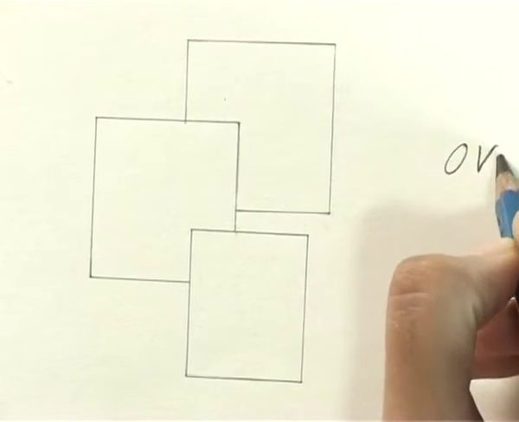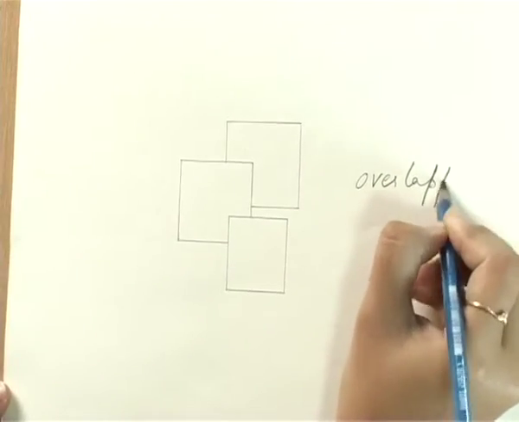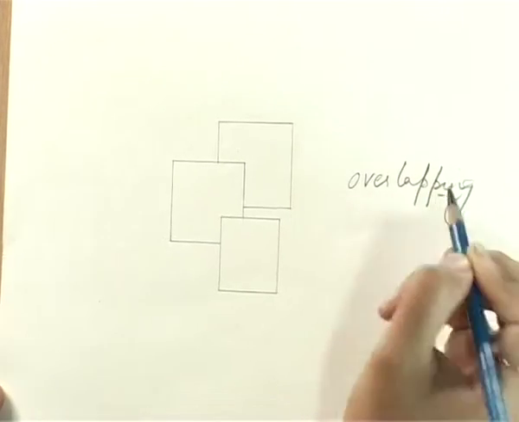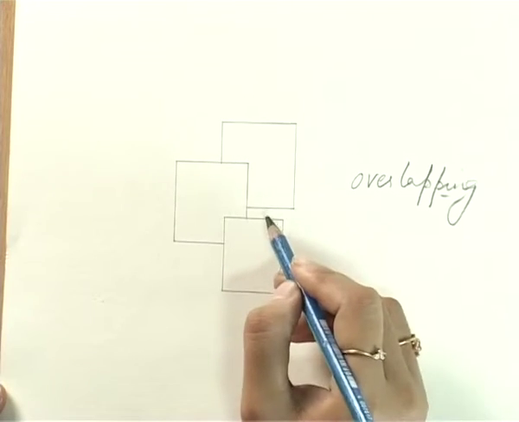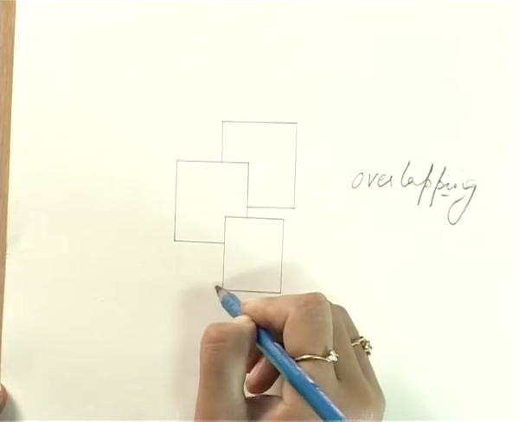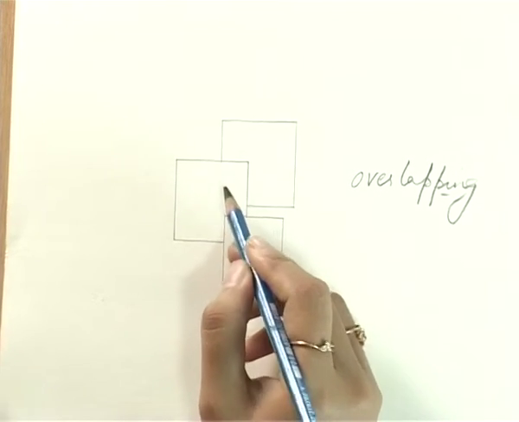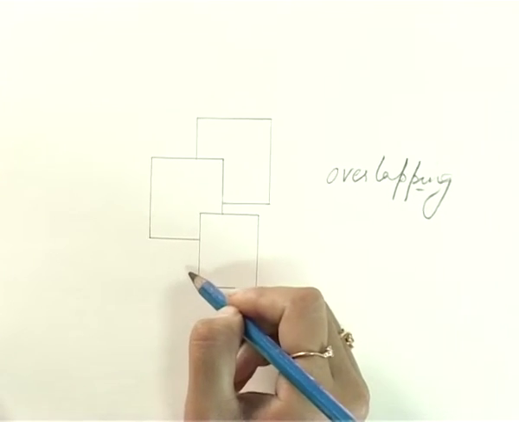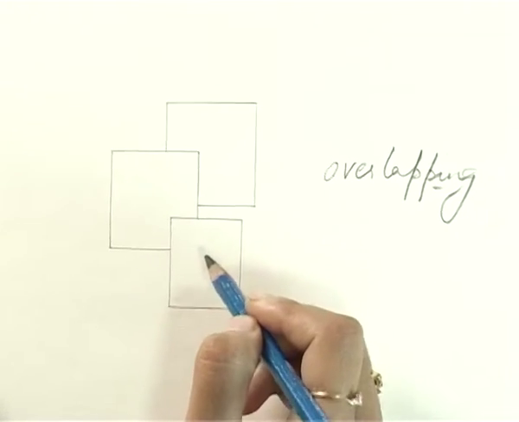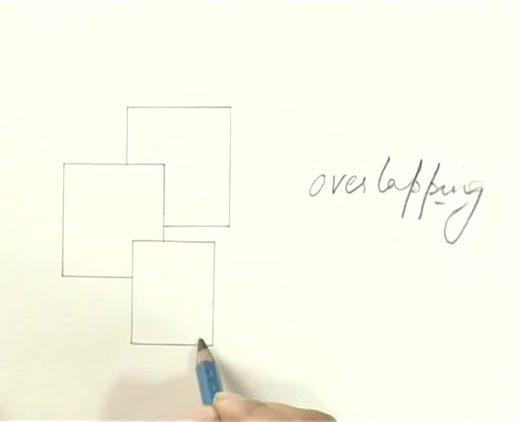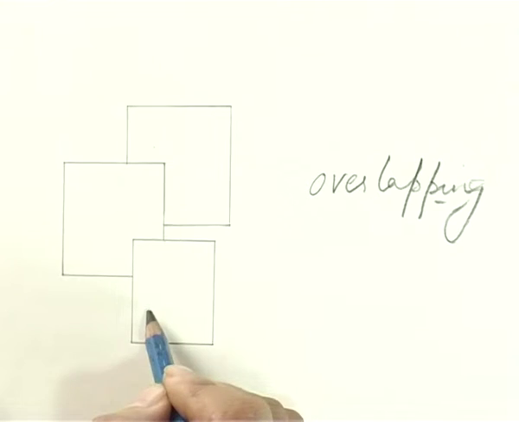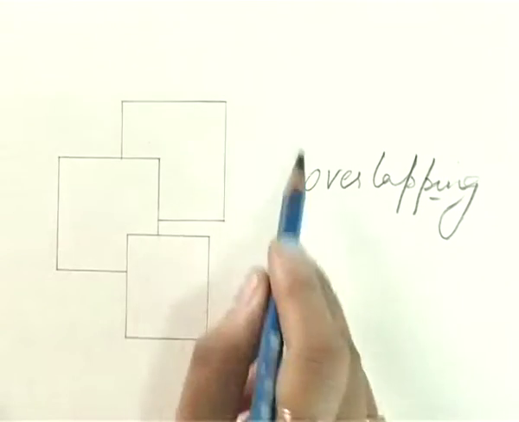Overlapping means drawing one object in front of another so that the front object hides parts of the other in back. By rearranging, overlapping can be established. An illusion of depth or movement and space can be created, which can be seen in this drawing.